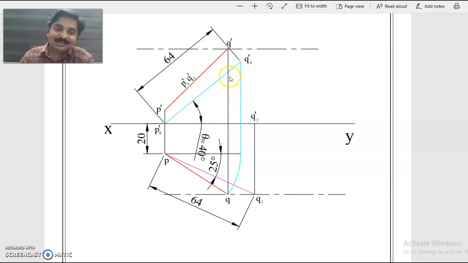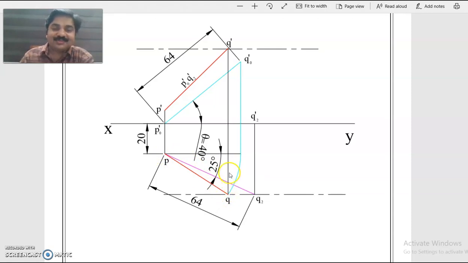So P0 dash Q0 dash is dropped to here, so that this length will be the top view length. This top view is rotated to this top view locus, so that P and Q are joined. So we got the top view.